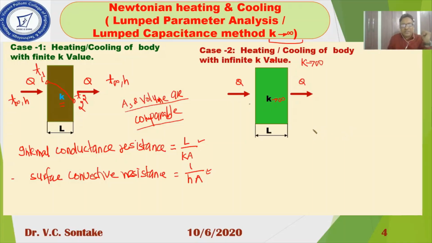Its thickness in the path of the heat flow is L, and here I am assuming the surface area of the body is very large as compared to its volume.